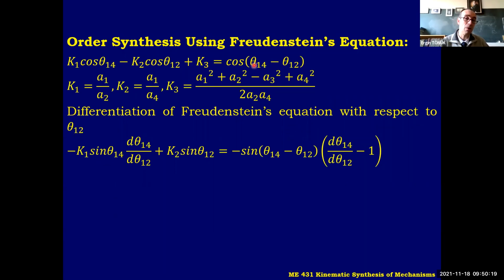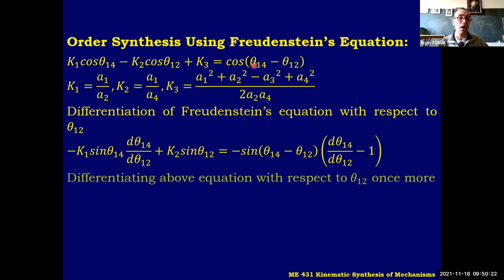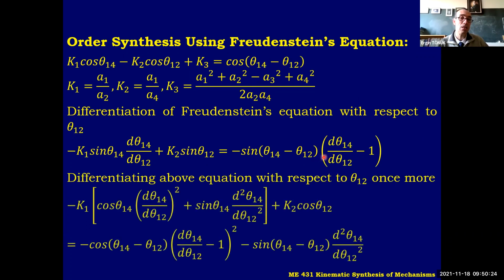Since we have 3 parameters, we can differentiate this once more with respect to theta 1, 2. So these are straight ahead derivatives. This is the equation I will obtain. So again, I have a set of 1, 2, 3 equations in terms of 1, 2, 3 link length parameters, which I can utilize.